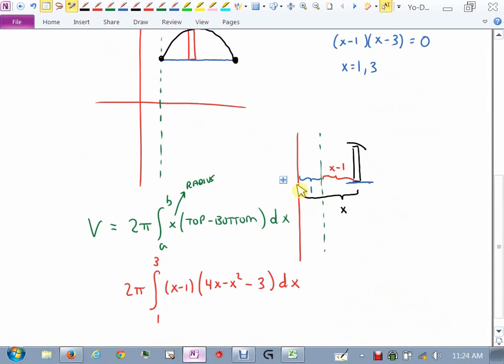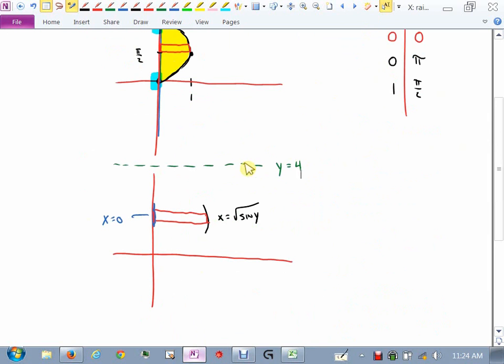Not the axis of rotation, but the y-axis and our rectangle. So now, instead of doing it that way, we're going to say, what's the distance between our x-axis and our rectangle? So what's this distance from here to here? It's y, right? It's the y coordinate.